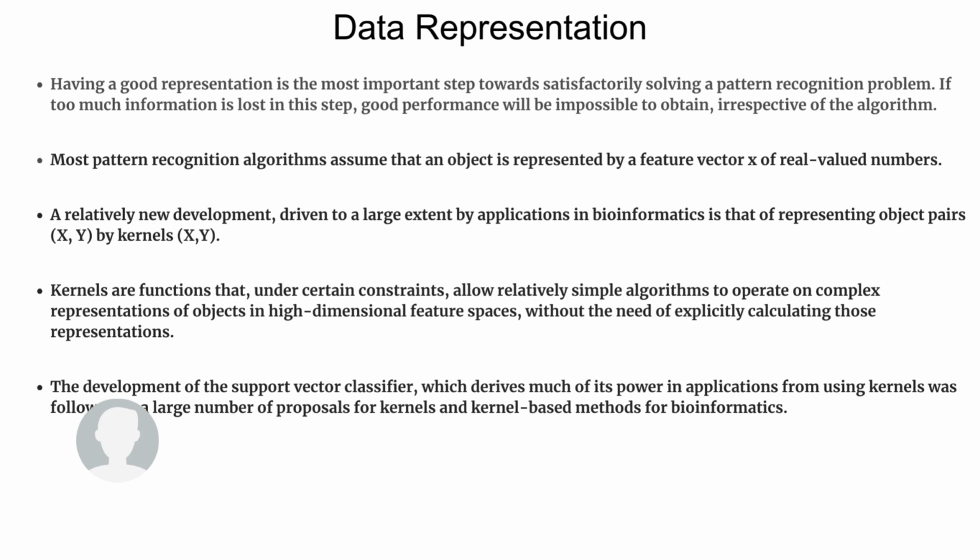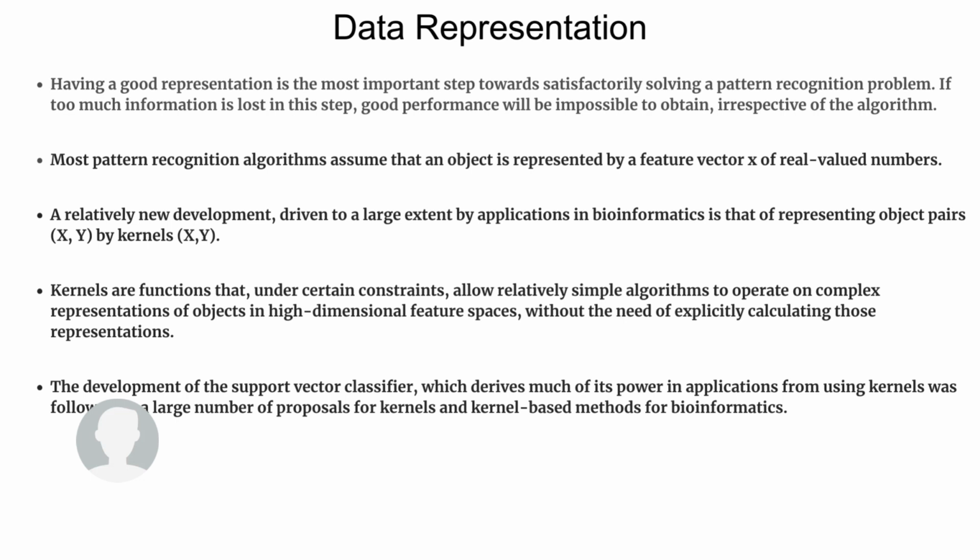Most pattern recognition algorithms assume that an object is represented by a feature vector x of real valued numbers. Recently, a new development has come which is driven to a large extent by application in bioinformatics. This is that of representing object pairs x, y by kernels k(x, y). So, what are kernels?